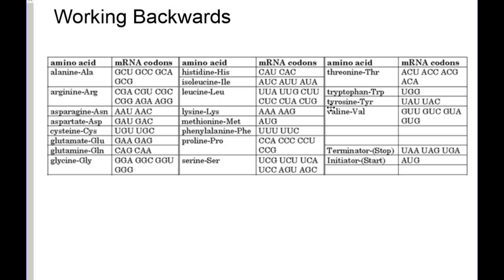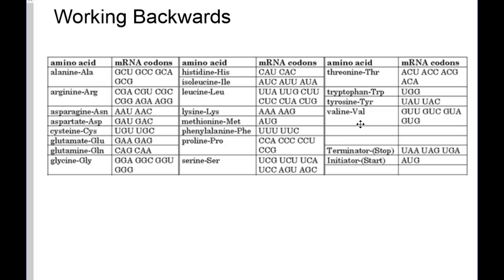If you look at something like leucine, well, leucine could be the amino acid because of 6 different possible mRNA codons. So one change in one base might not actually result in a huge shift.